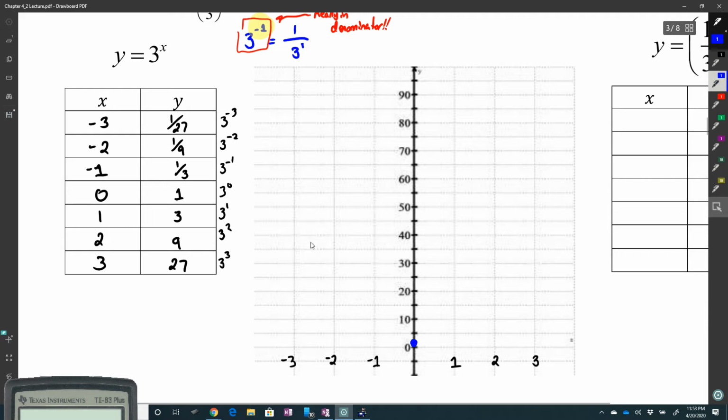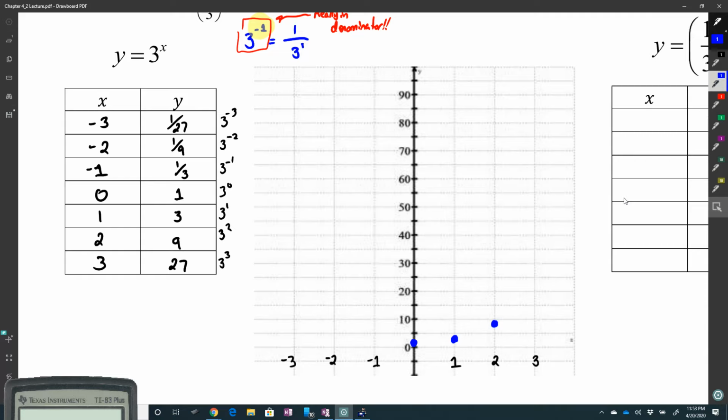We're going to be guessing a lot of the time because it's really hard to get the exact value on a scale this big. At 1, we're going to pick 3. It's a little closer to the 5, kind of right, a little above, right in the middle. At 2, it's 9. At 3, it jumps up to 27.